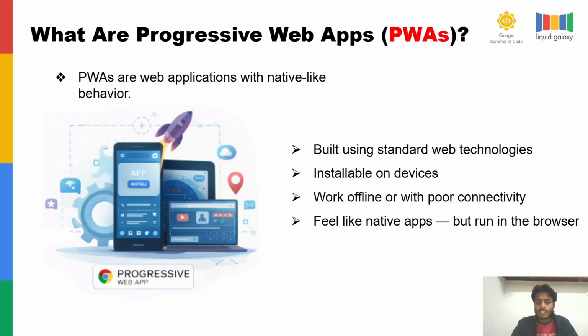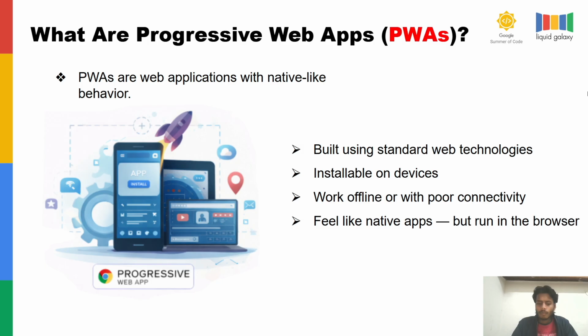Now that we have seen that most applications in the Go Web Store are built as PWAs, let's clearly understand what progressive web applications actually are. Progressive web apps, or PWAs, are web applications with native behavior. At their core, they are still web apps.